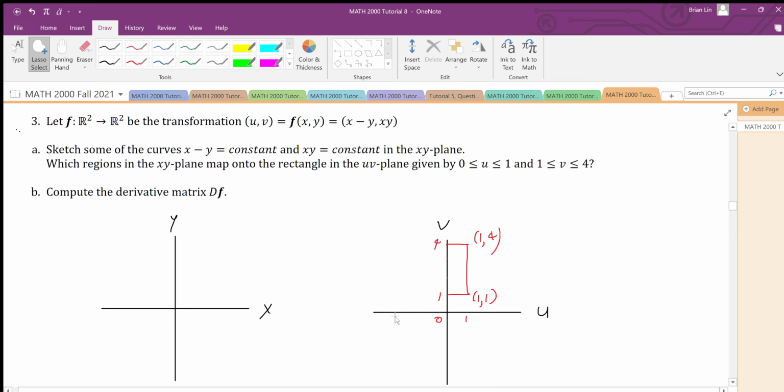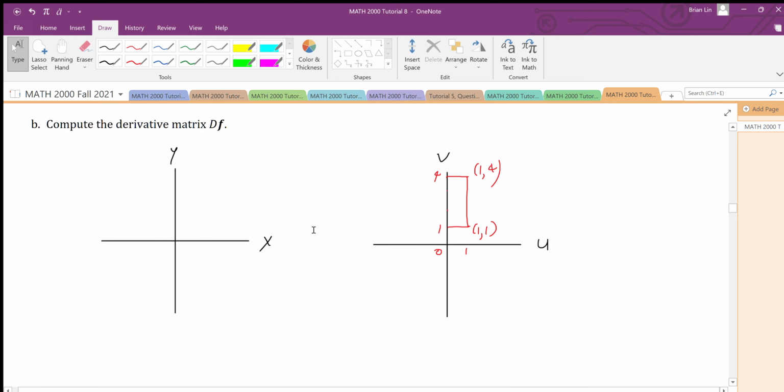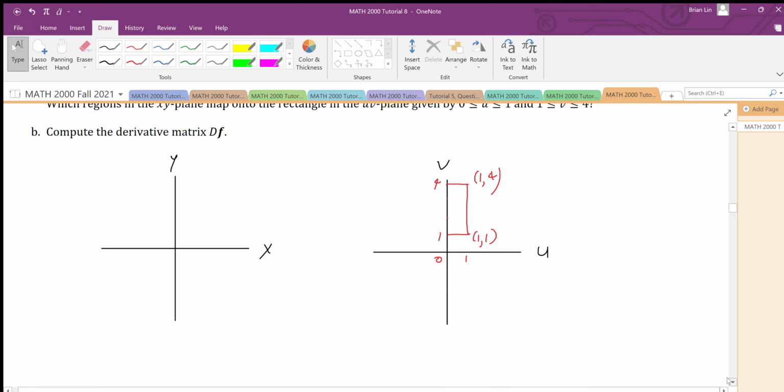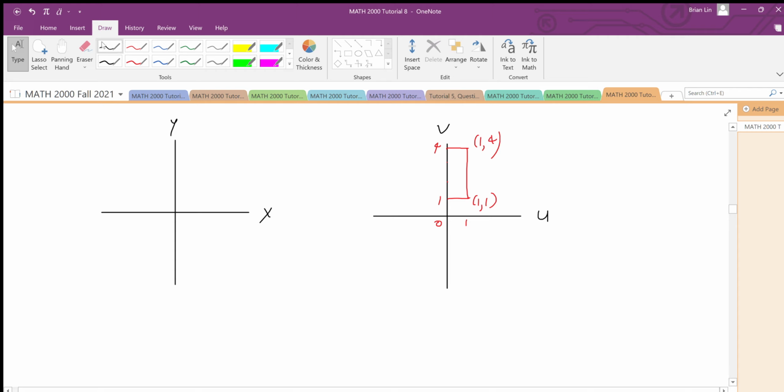Okay. So first things first, let's sketch some of these out. X minus y equals a constant, x times y equals a constant. So x minus y we know is just u, and x times y is just v. So u is equal to x minus y, and v is equal to x times y.